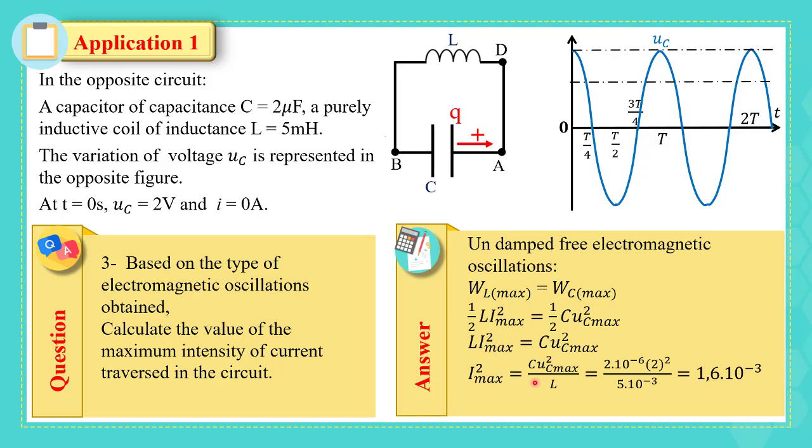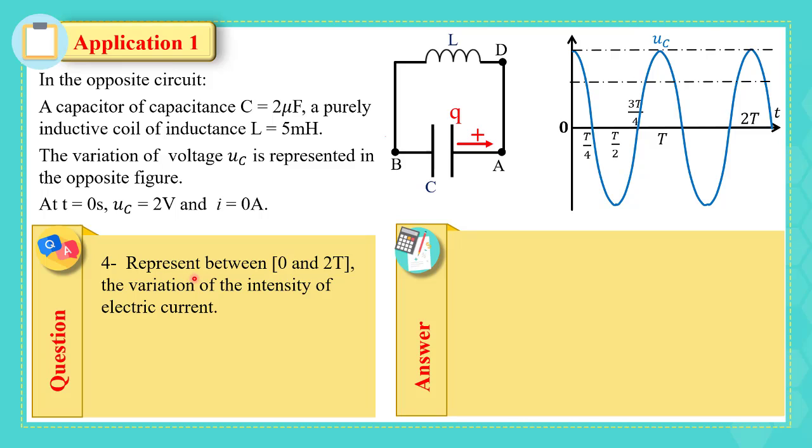Substituting the values of L, C and UC maximum, we will have I maximum equal to 0.04 ampere or 40 milliampere.